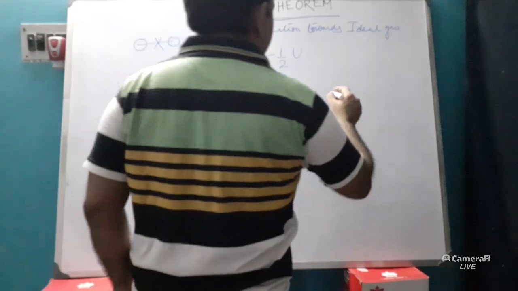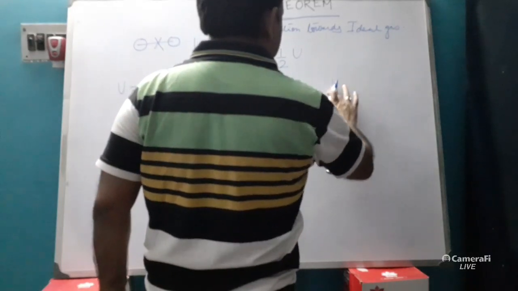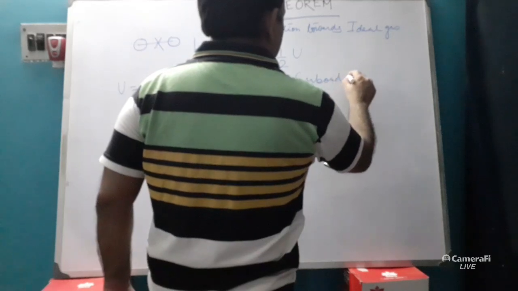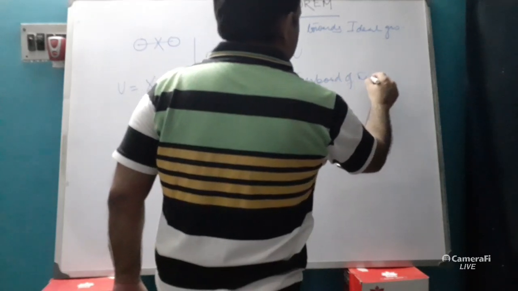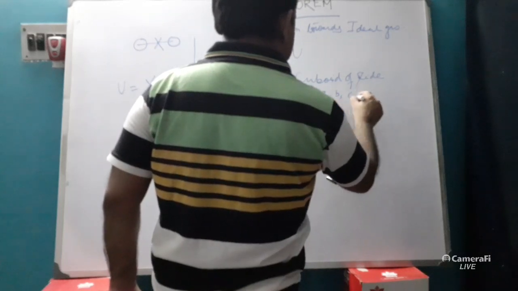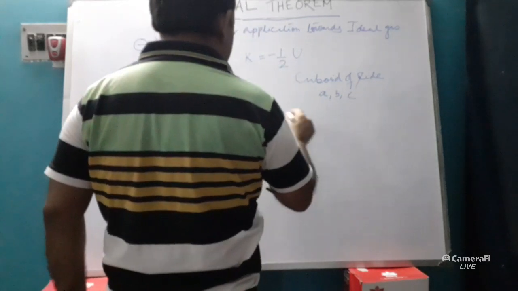So for this we have to consider a cuboid of sides A, B, C. So this is your cuboid.